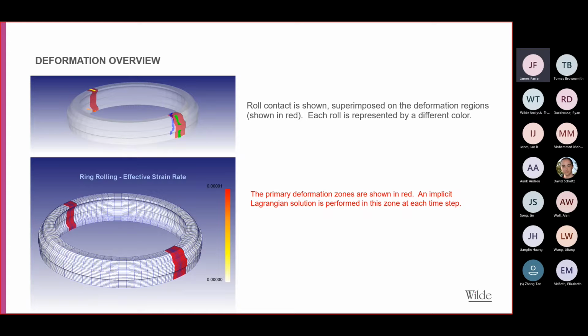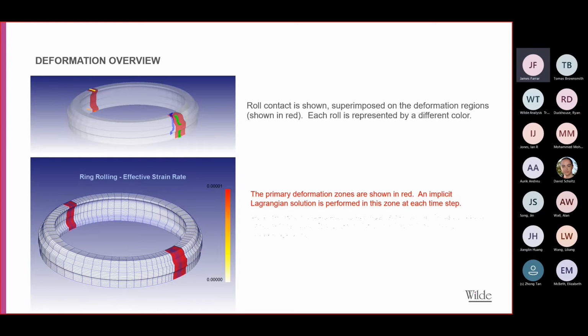So DEFORM determines where the strain rate area is, and it decouples the simulation into multiple zones. In the bottom image, you can see the 4 zones. We've got 2 Lagrangian deformation zones, which are calculated using the standard DEFORM Lagrangian solution. But we use an ALE updating circumferentially in this one.